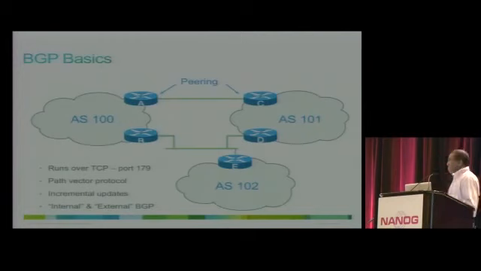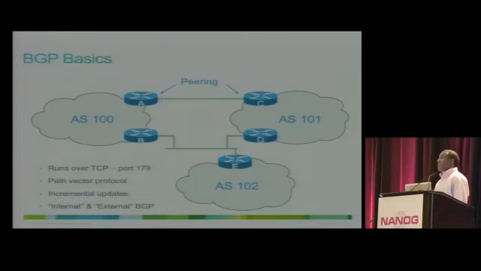As you know from IGP protocols, they are usually either distance vector or link state protocols. But in this case, the path vector is slightly different from distance vector. It's much more robust than distance vector, but it's also scalable. We'll see what the path vector protocol means.